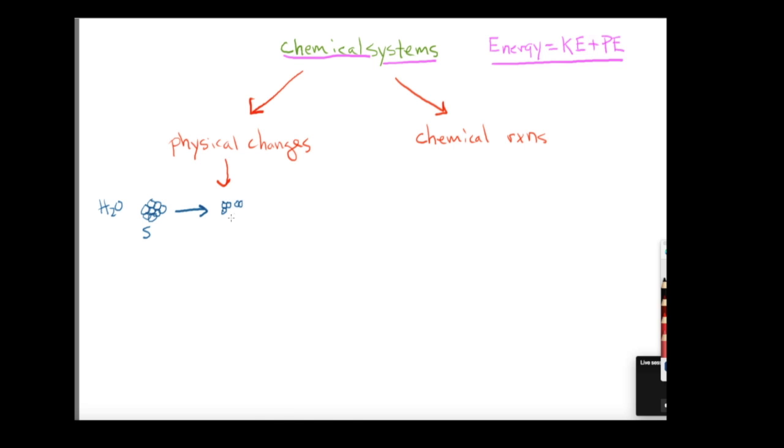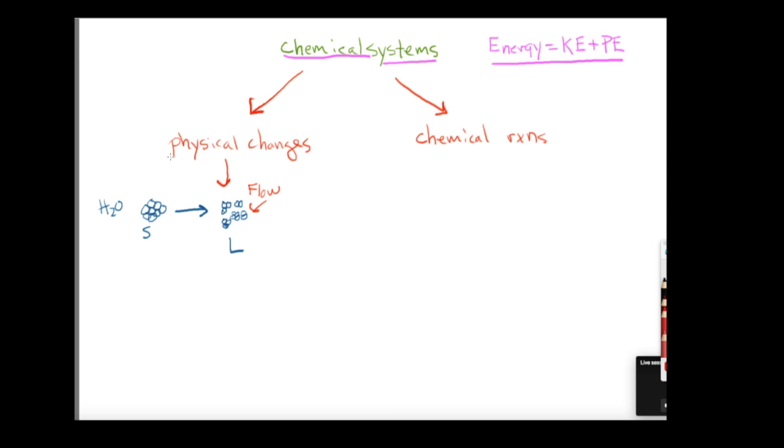I've used this model in the classroom a lot, and I hope that you've got the idea at this point that when we go from a solid to a liquid, there's not much difference between the two of them, and that once we have the liquid, we've broken enough of the bonds so that the system can flow. So this is what a physical transition, or a physical change, is going to look like.